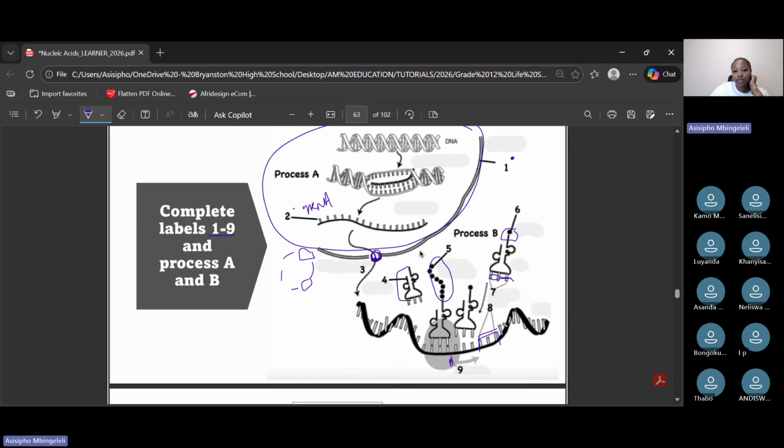Then 4, Luyanda. Transfer RNA. Transfer RNA. 5, I will accept 2 options for 5. So 5, Thabo. Is it the protein chain? Protein chain, I will take it. If someone said polypeptide chain, I will take it. Then 6, Neliswa, 6.